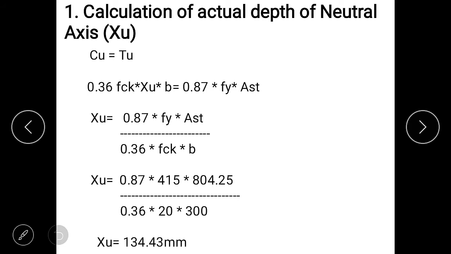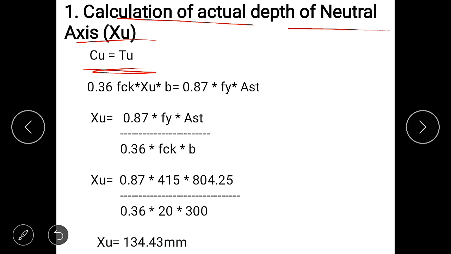Okay, so calculation of actual depth of neutral axis, XU. By using XU, you can easily consider whether the section is under reinforced, over reinforced or balanced. Okay, so consider here Cu is equal to Tu, meaning compressive strength is equal to tensile strength.